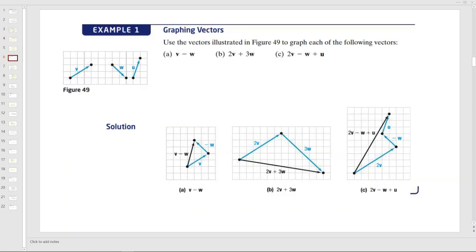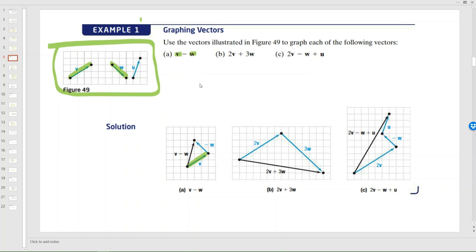Okay, so let's do an example here and have a little practice at operating on vectors. We've got the vectors defined in this space over here in our figure 49. These are the materials that we're working with. Part A says I want you to take the vector v and subtract the vector w. So here's the vector v, so I'm going to pull that off and start with v. And then if we subtract w, we're going to take w, which originally goes like this, but we're going to take its opposite direction.